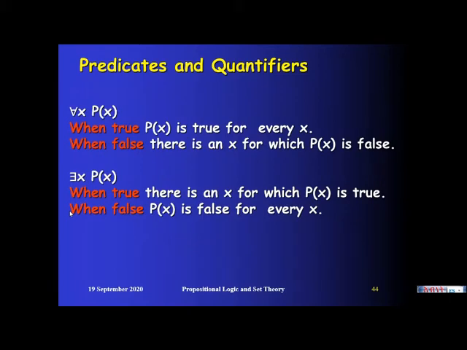So, for a universal quantifier, in order to get a true value, every x must satisfy the given statement. But if there is at least one x that does not satisfy p of x, that statement will be false.